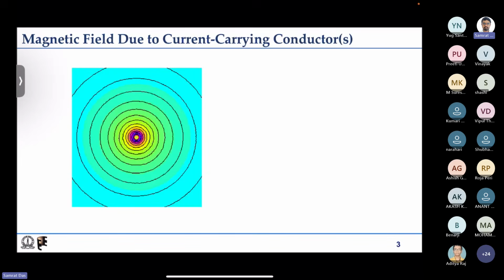At the center of the screen you have a conductor that has some current flowing through it, and the field lines, the flux lines, are shown. This is a representation. If we have to represent magnetic field, what are the ways to do that? Any field can be represented in a vectorial form.